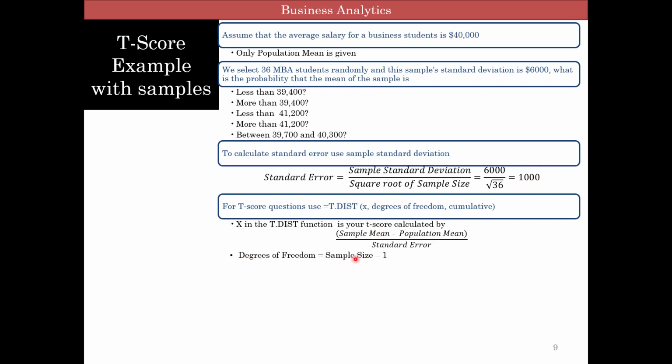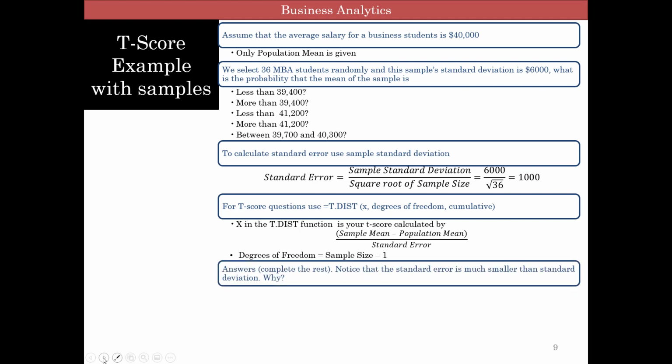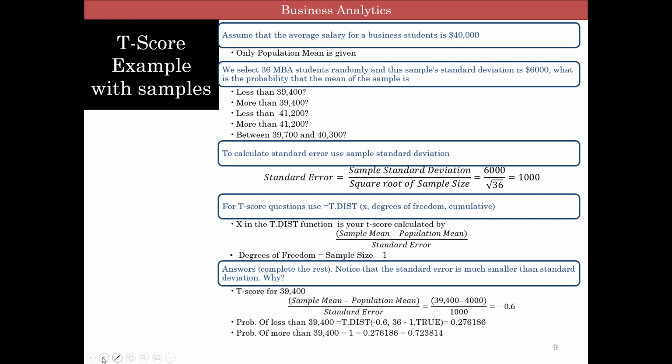And degrees of freedom is always going to be sample size minus 1. So once you have this information, why don't you go use T.DIST and finish the rest of the scores. So for 39,400, the t-score is going to be negative 0.6. Plug those values into this equation, and you will get 27.6186%, and you can calculate the others.